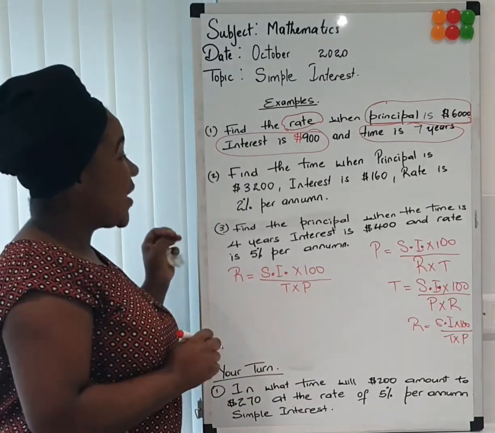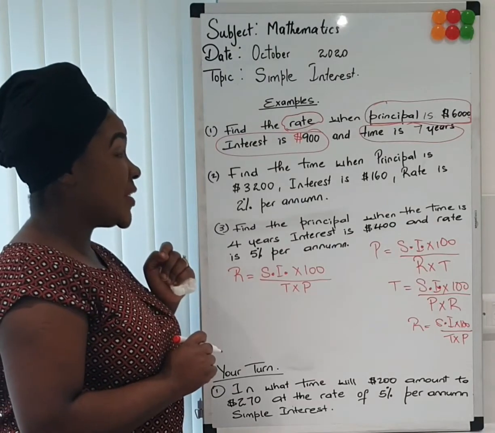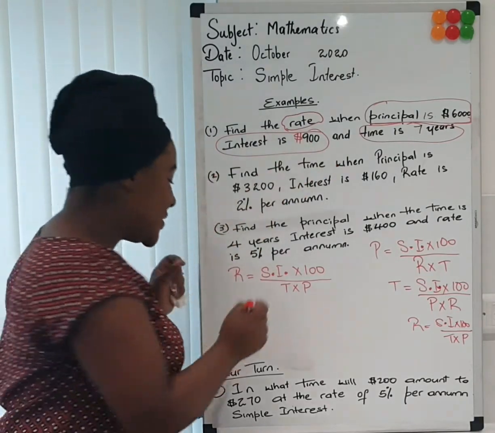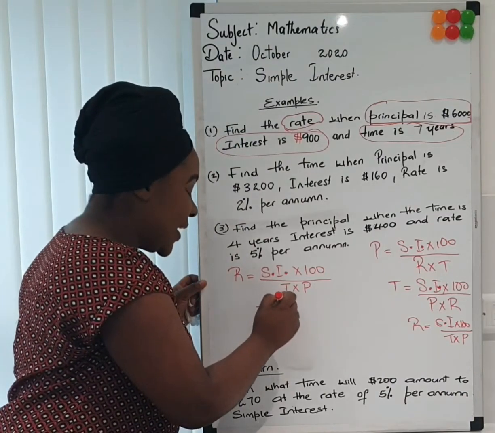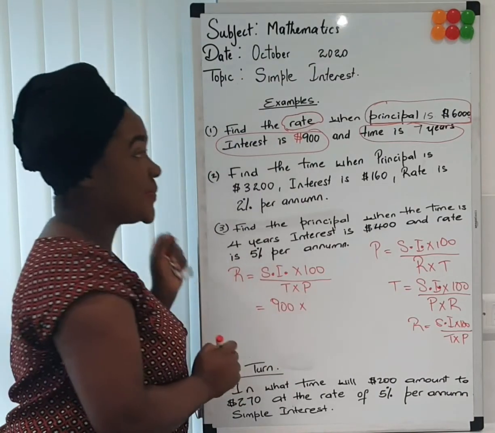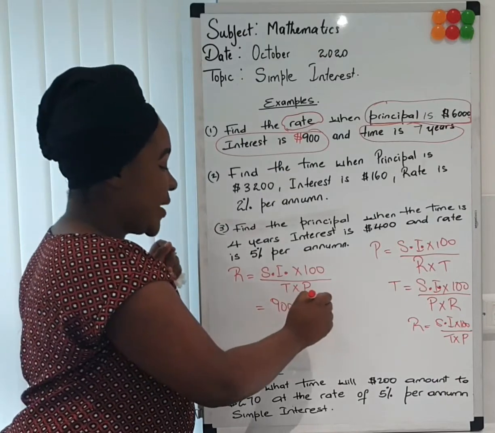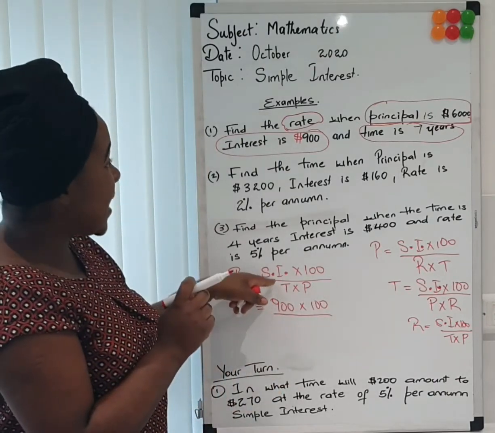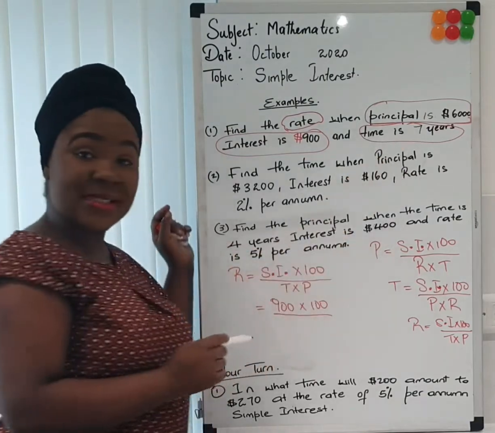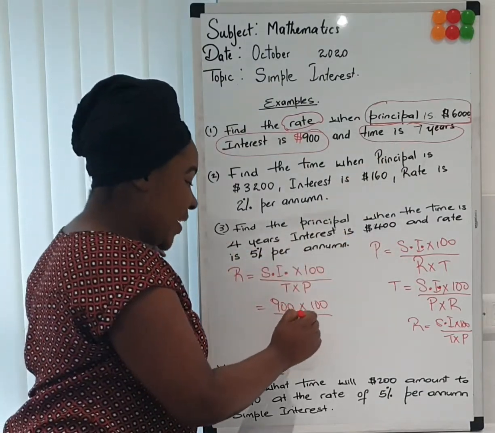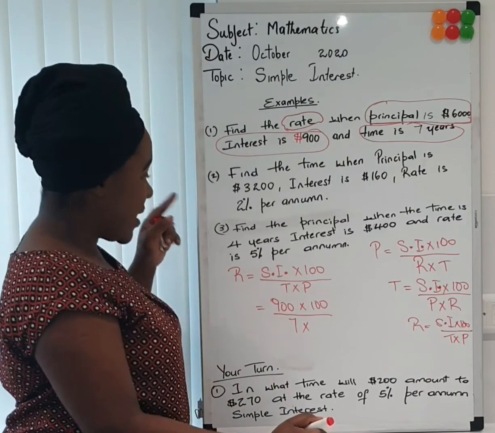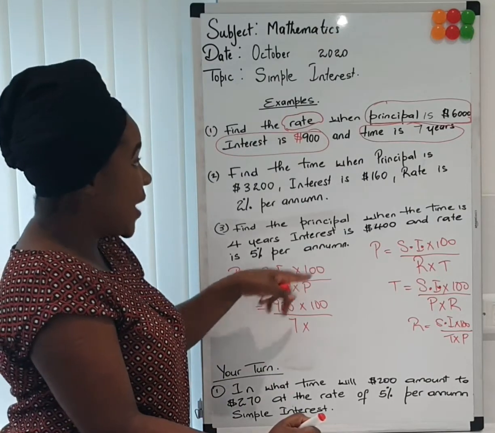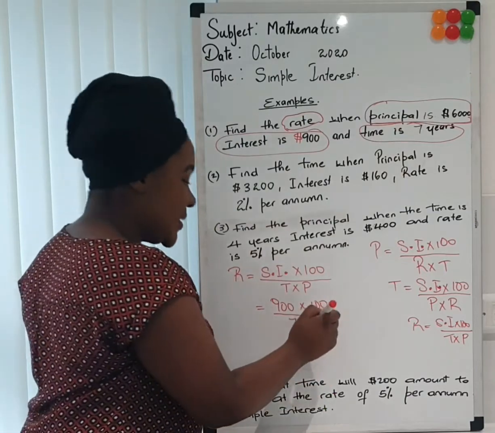Alright? So we're going to figure out what our interest is. They told us that our interest is $900. So that will be 900 times 100 over. And we look for our time, and they say that our time is 7 years. So that's 7 times. And we look for our principal, and they say our principal is 6,000.